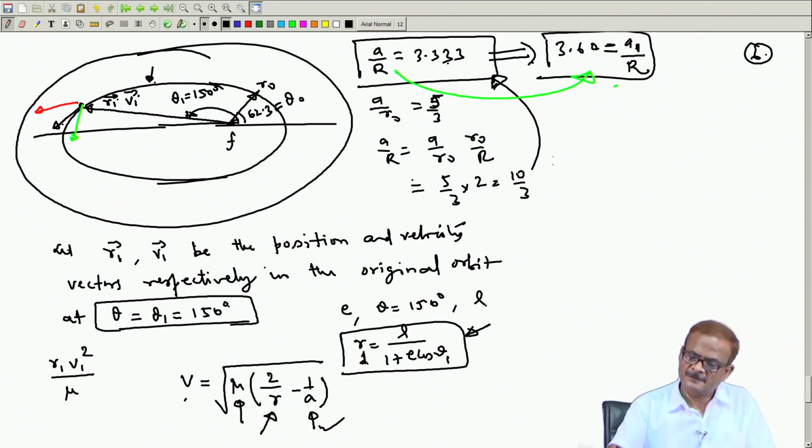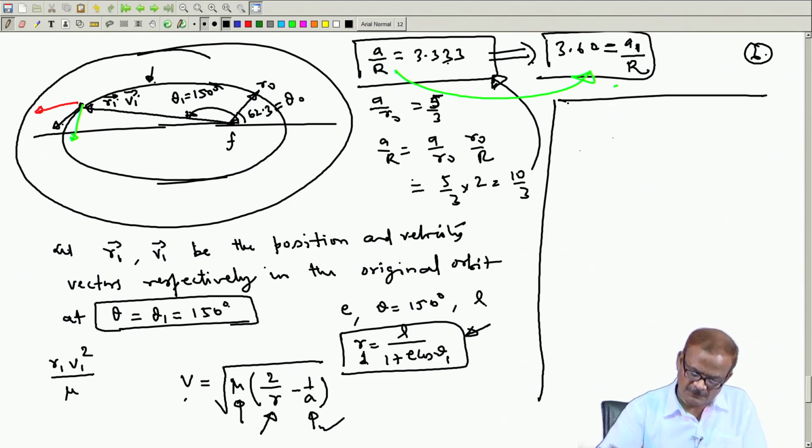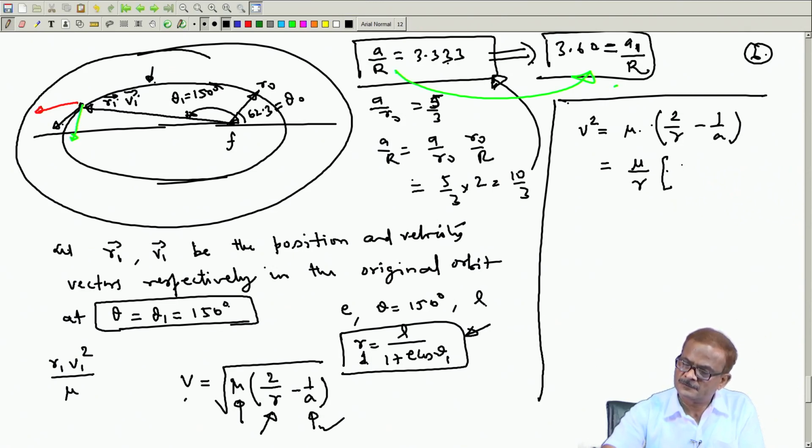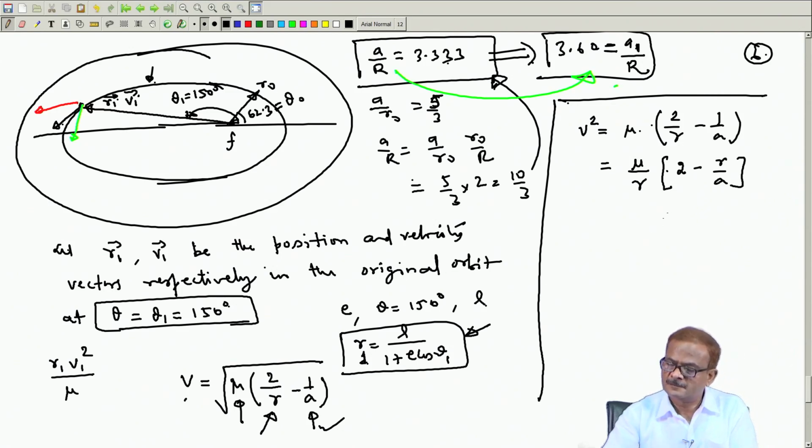But instead of stretching this long, we simply square this. So, this becomes V square equal to mu times 2 by r minus 1 by a, and we take outside r as a common. So, this becomes 2 minus r by a. See this relationship, we have squared it. So, by squaring, this under root has been removed, and thereafter we are taking r as a common.